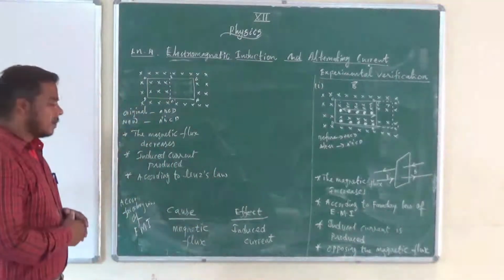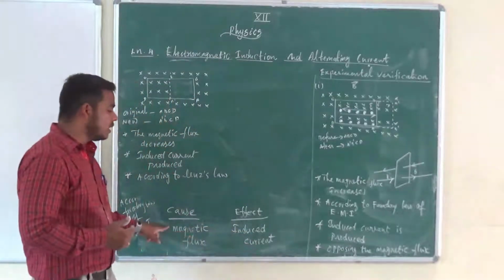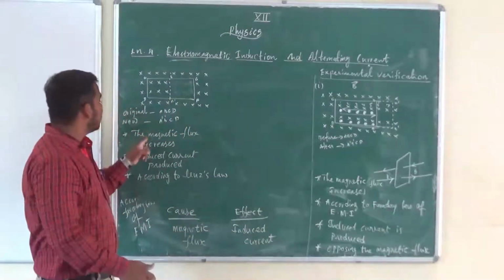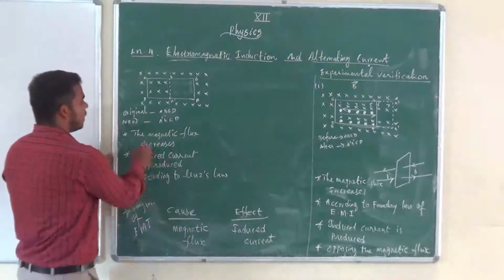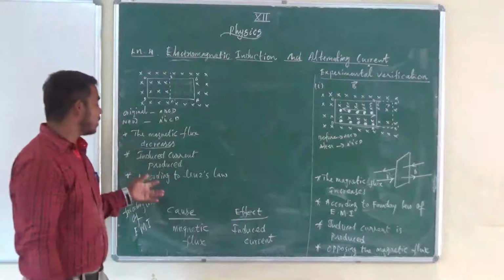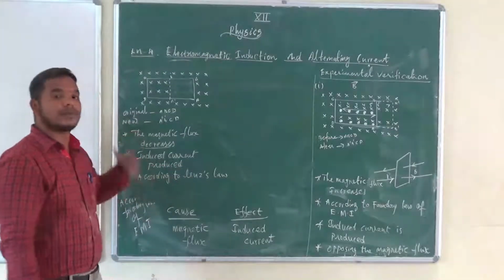What is Lenz's law? The induced current always opposes the change in magnetic flux. Here the magnetic flux decreases, so the induced current opposes the decreasing flux. How does it oppose? We will see that.